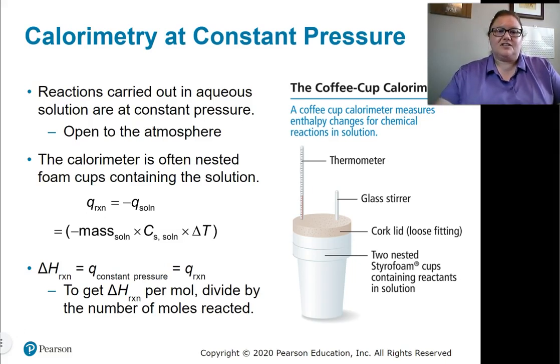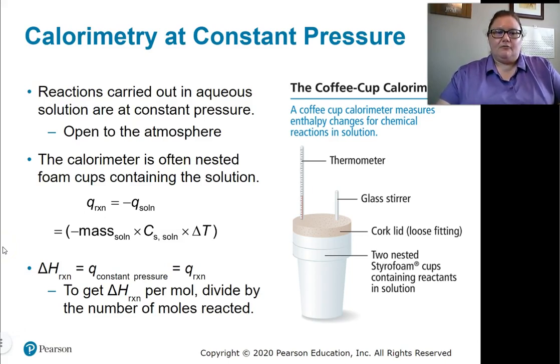So here, let's take a look. Reactions are carried out in aqueous solution, so we know that we're going to have substances that are not pure, and the calorimeter is an insulated container, but it's not purely insulated from the surroundings like the bomb calorimeter was. We do have an imperfect seal here with those styrofoam cups versus the metallic bomb calorimeter.